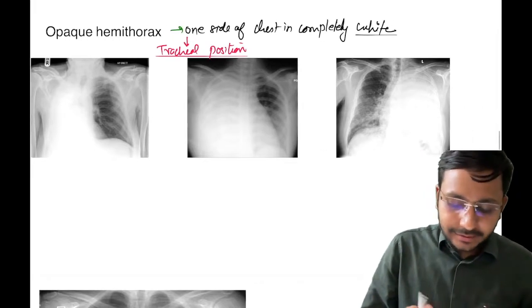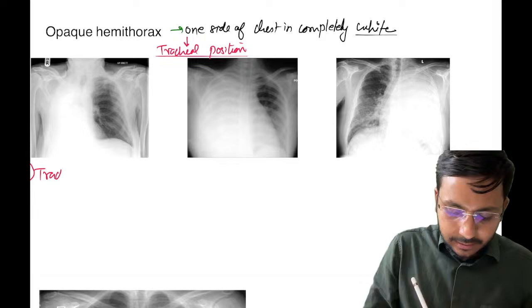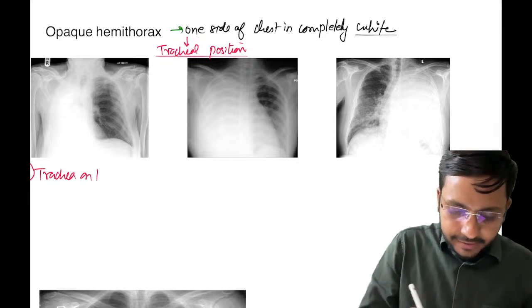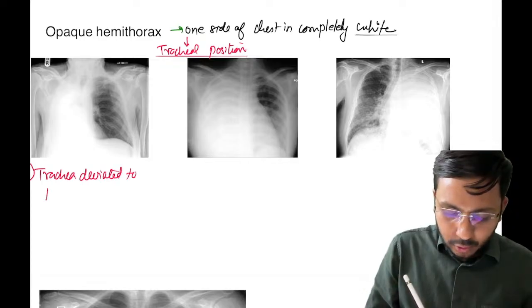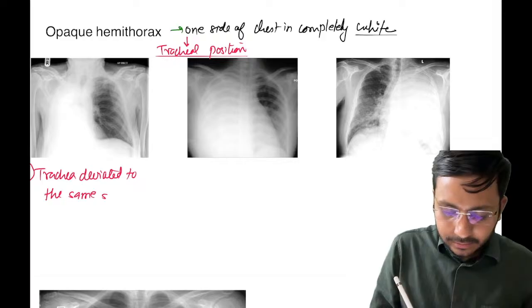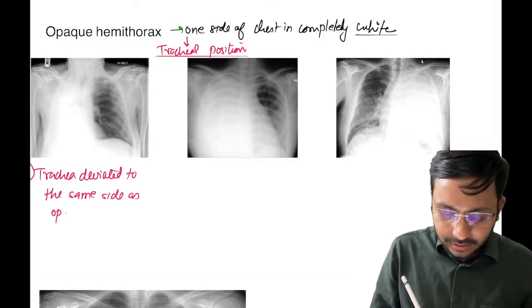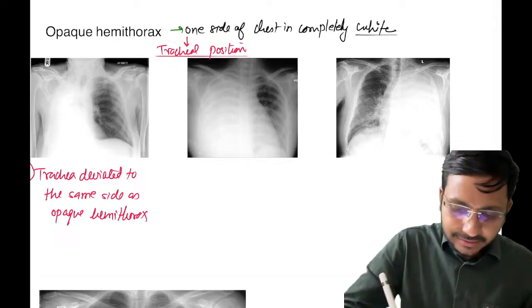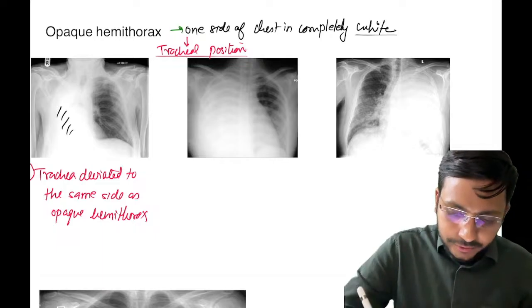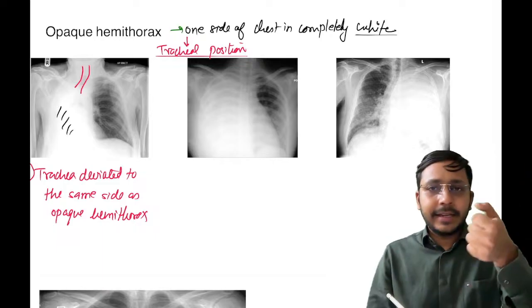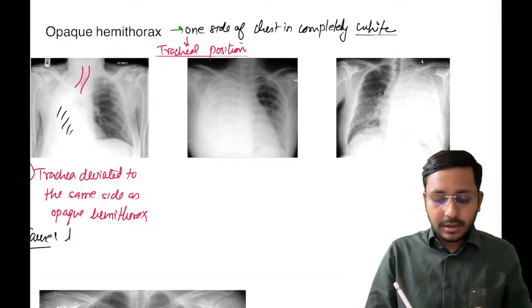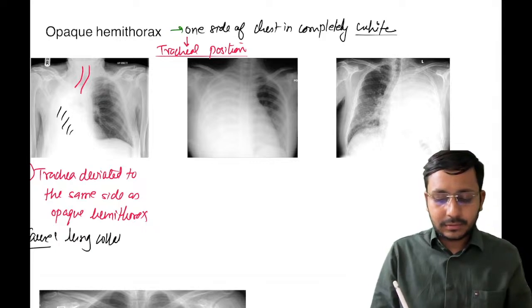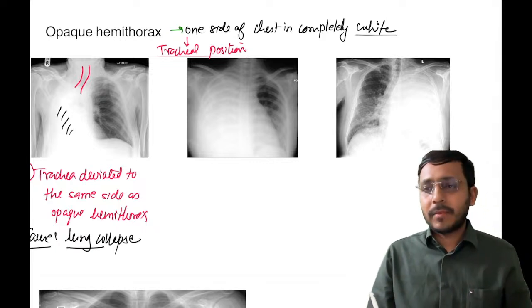So the first scenario is that the trachea is deviated to the same side as the opaque hemithorax. That means the trachea is deviated to the same side as the hemithorax, meaning something is pulling the trachea. What is the cause of this? The cause is lung collapse.